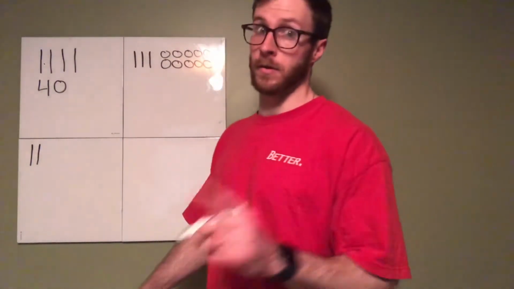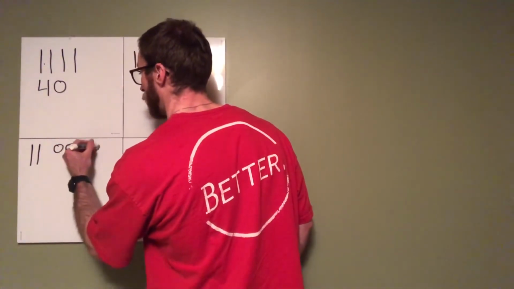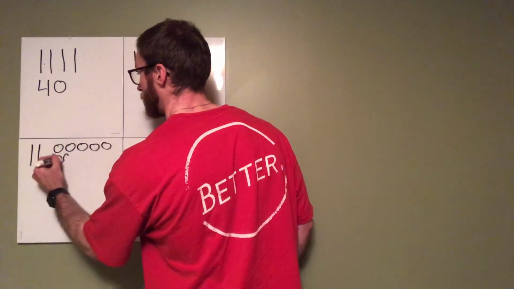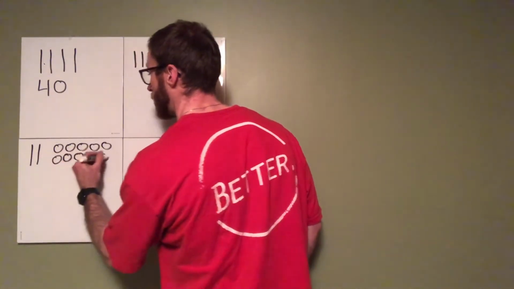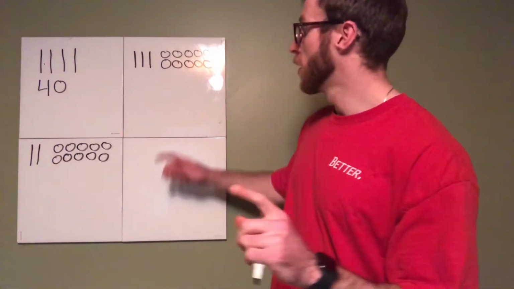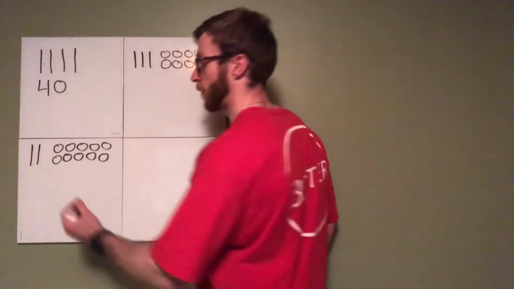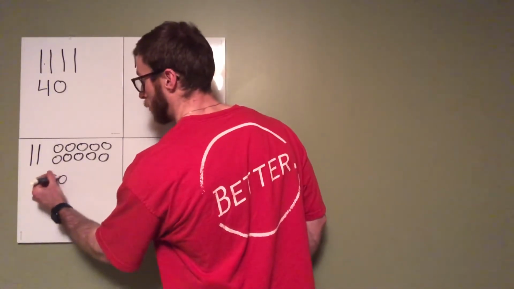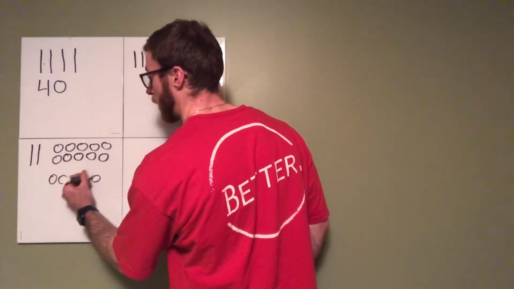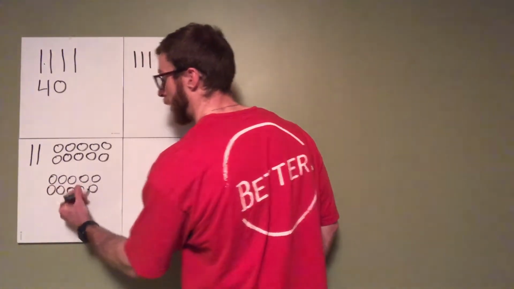So this is a lot of circles, so bear with me, all right? 1, 2, 3, 4, 5, 6, 7, 8, 9, 10. There's my first 10 stick that I took and broke apart. Now I need to take that other one, break it apart, and show it in picture form. 1, 2, 3, 4, 5, 6, 7, 8, 9, 10.